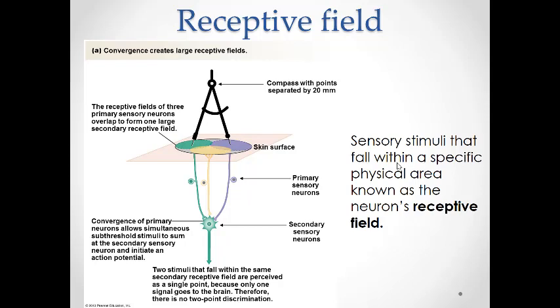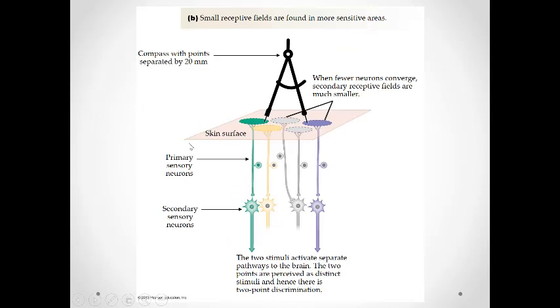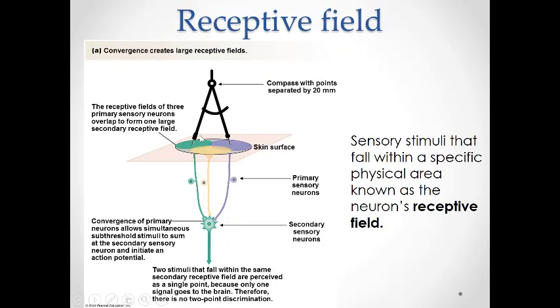So, if I have my skin surface, and I take a compass and put the compass on my skin, and the two compass points fall within a single receptive field, those two both get summed in my primary sensory neurons.